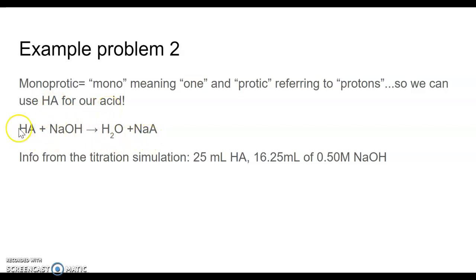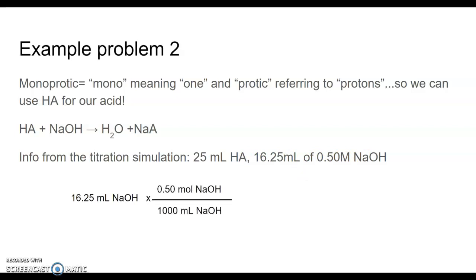It helps me set up an equation just so that I know my molar ratios. And then there's information from the titration that I'm going to use. So I'm actually going to use this first because I know that I'm going to need to convert this into moles of NaOH. So let me start by doing that. And I'm converting into moles of NaOH, and then I'm going to convert into moles of HA.